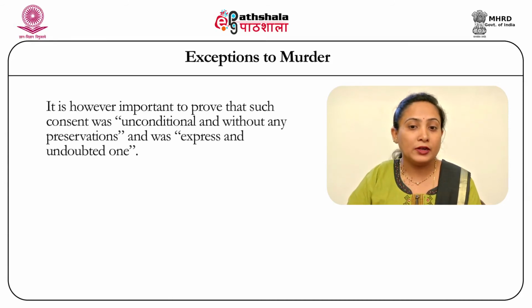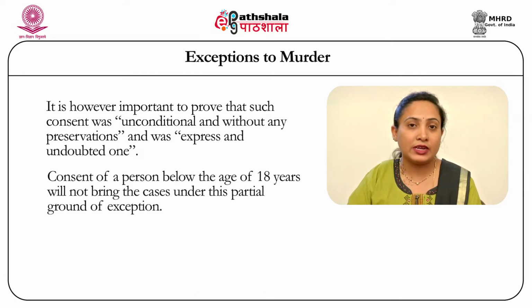It's however important to know and to prove that this consent should be an unconditional one without any reservations or preservations. Further, the consent given by the victim must be clear, express and an undoubted one. This whole burden lies upon the accused to get this ground of exemption. Consent of a person below 18 years would continue to make it an offence of murder.